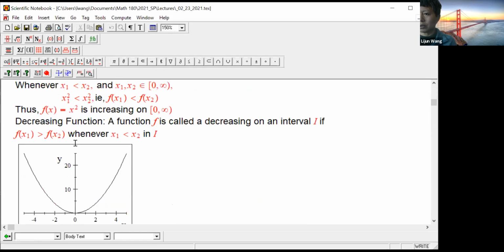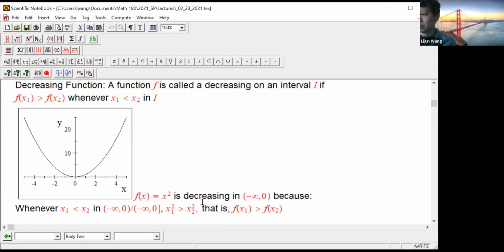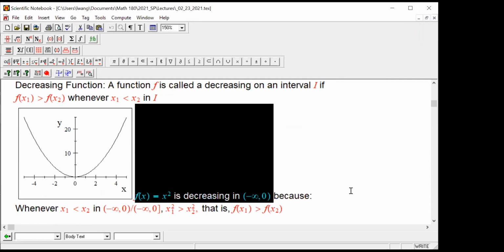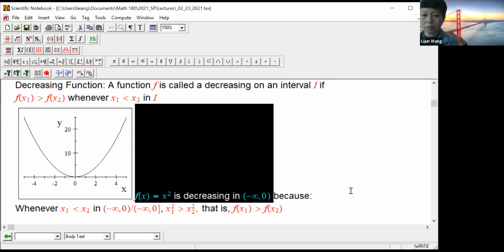Okay, x squared, what did we say? X squared is increasing here, decreasing here. Is that clear? Yes. Okay, that's how you say it, to ensure your statement is perfect.